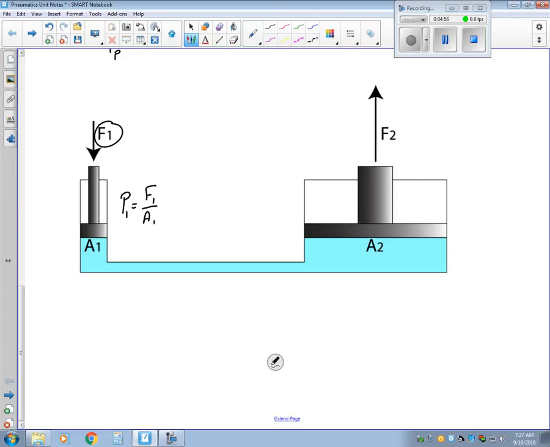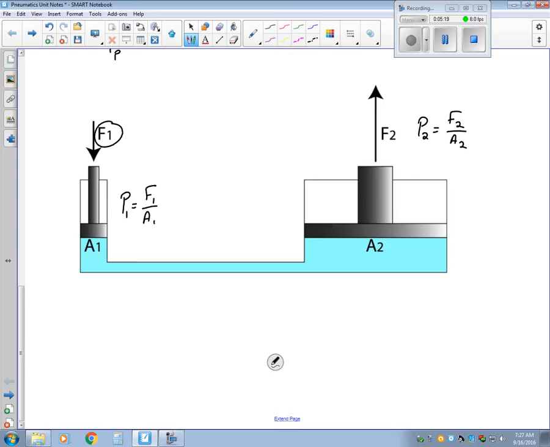What Pascal's principle says is that that pressure is transmitted equally throughout this fluid or this air or this liquid. So when I come over here, this other piston will experience that pressure and it will begin to lift. So I have this P2, which is F2 divided by A2.